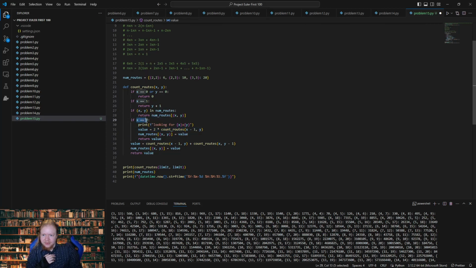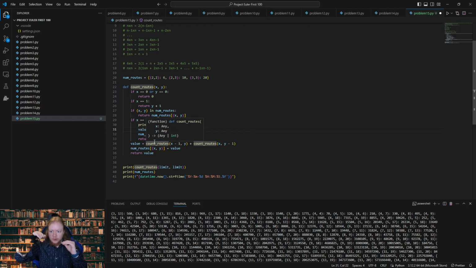And so when we have an n by n case, then we know that it's 2 times n minus 1 by n. We call it again. Then finally we calculate the value by looking at x minus 1 y and x y minus 1 added together, to recognize that we're basically calculating two different rectangles.